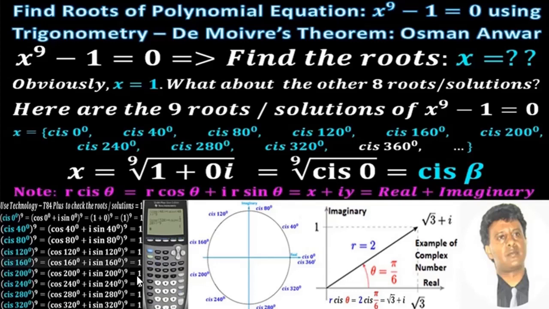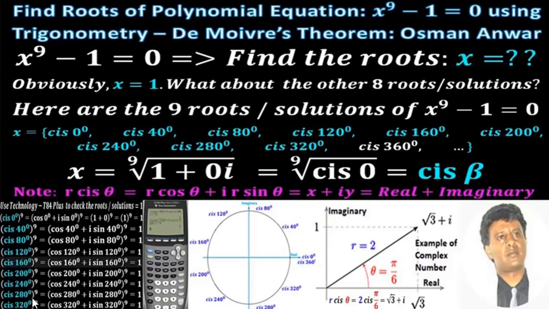Cis 240 degree to the 9, you will get 1. Cis 280 degree to the 9, that is equal to 1.